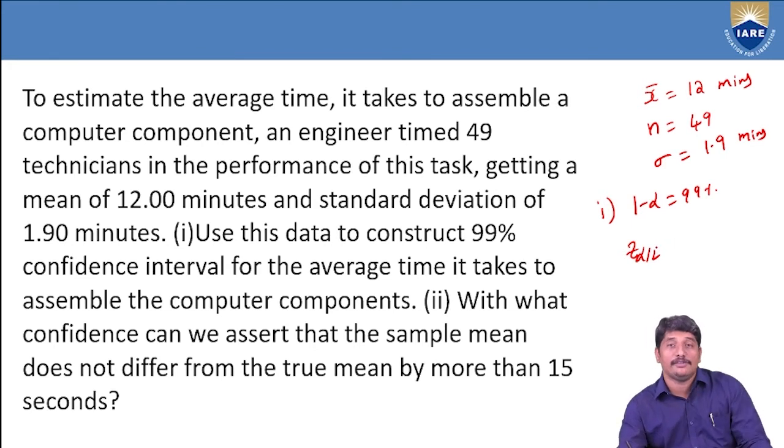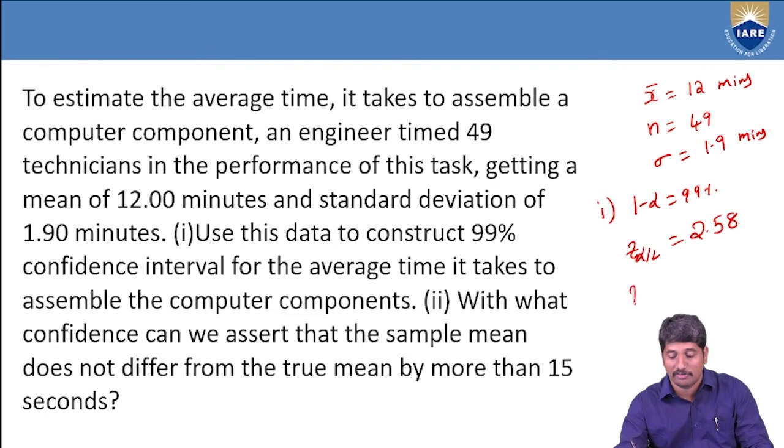In the last class, I gave you the values which we have to note. Z alpha by 2 at 99% confidence is 2.58. Of course, we had a formula. Z alpha by 2 can be calculated with the help of the formula A inverse of 1 minus alpha by 2.